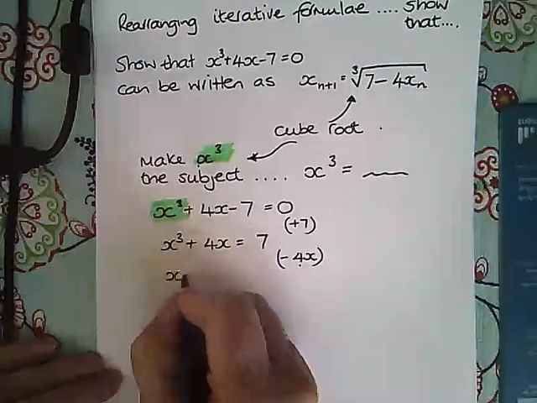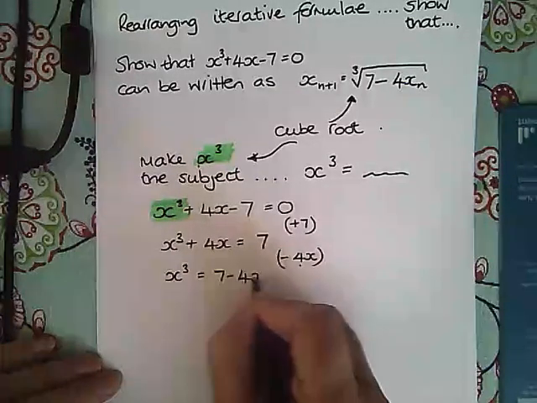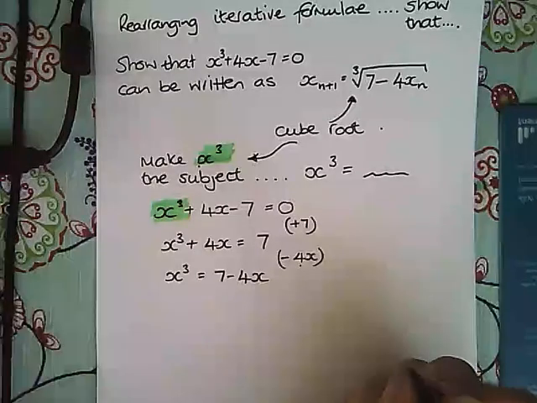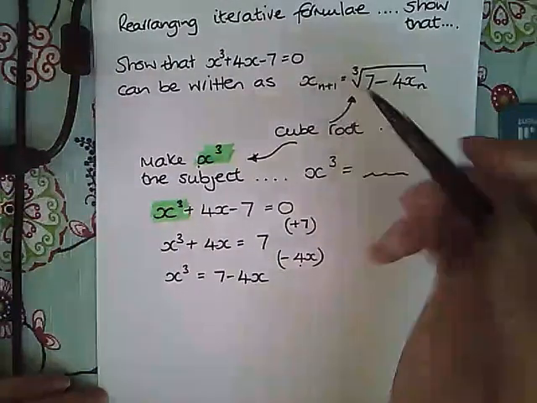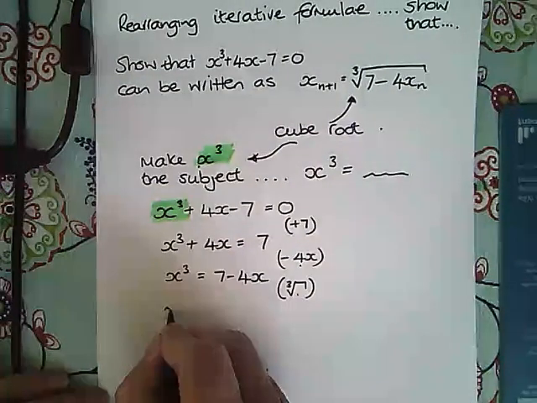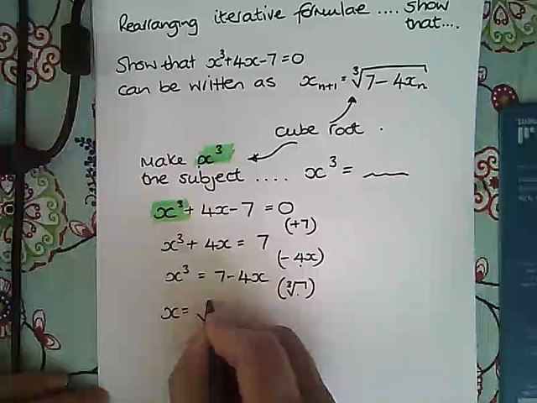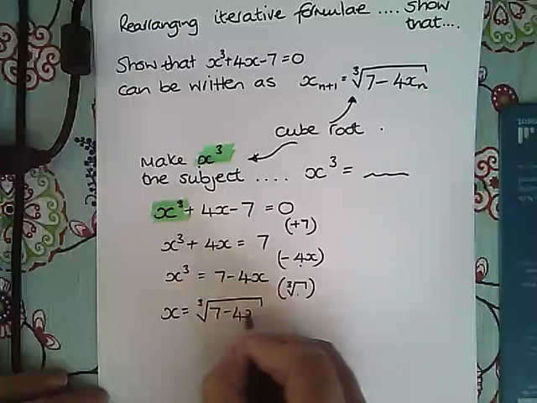I have x cubed is equal to 7 minus 4x. And finally, to get this to be x on its own, which I've got in the original formula, I'm going to cube root each side. So we end up with x is equal to the cube root of 7 minus 4x.